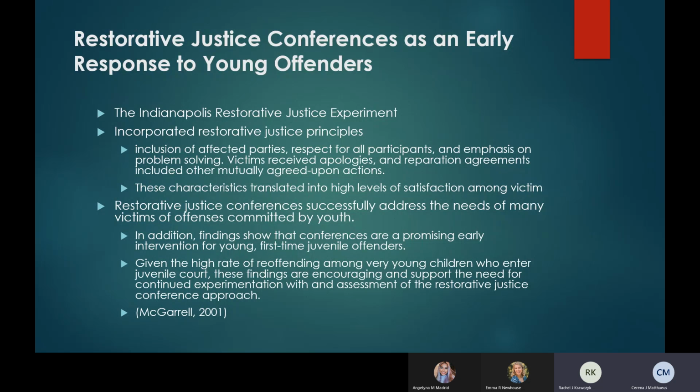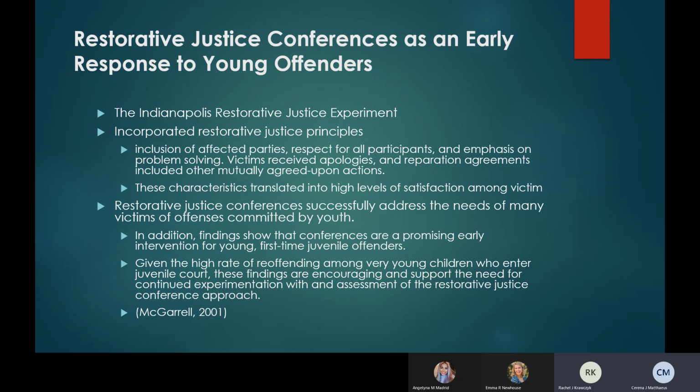My last source is Restorative Justice Conference as an Early Response to Young Offenders. This is the Indianapolis Restorative Justice Experiment. It incorporated restorative justice principles, which are inclusion of affected parties, respect for all participants, and an emphasis on problem solving. Victims received apologies and reparation agreements, including other mutually agreed upon actions. These characteristics translate into high levels of satisfaction among victims.